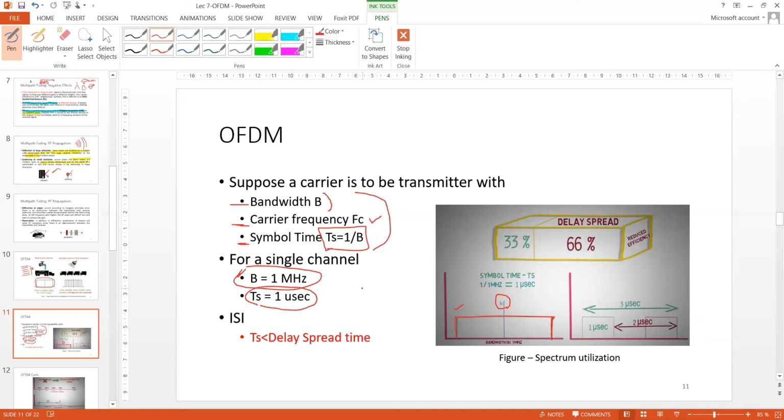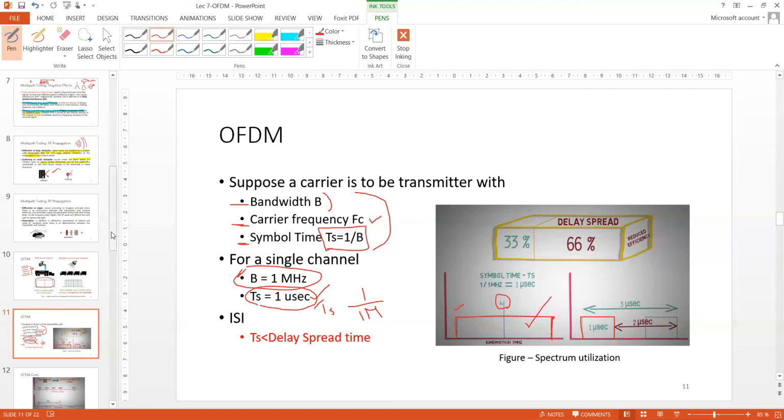That is, T is equal to 1 over B. So 1 divided by 1 megahertz will give you the symbol duration of your carrier, and that symbol duration will be 1 microsecond. So this is the symbol that you are utilizing to transmit your information over this particular channel, which has a bandwidth of 1 megahertz. Okay.